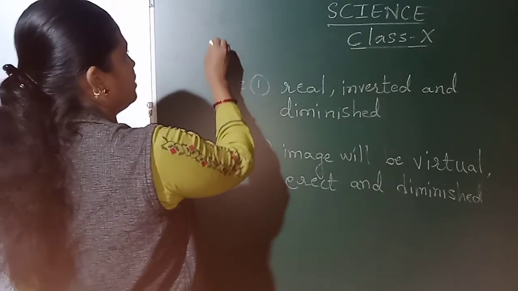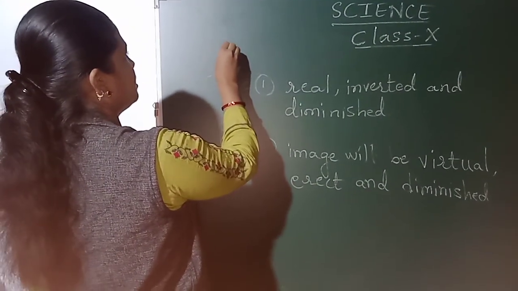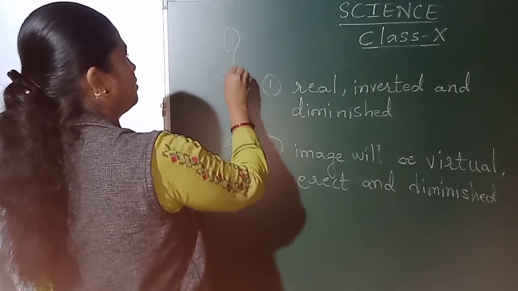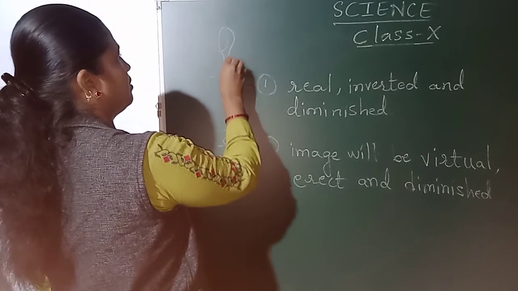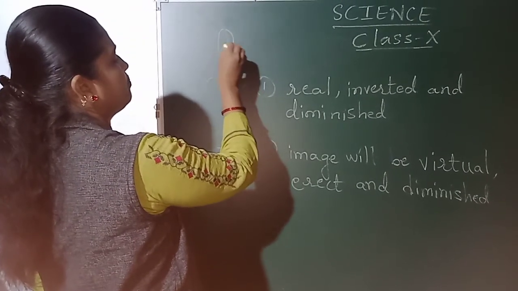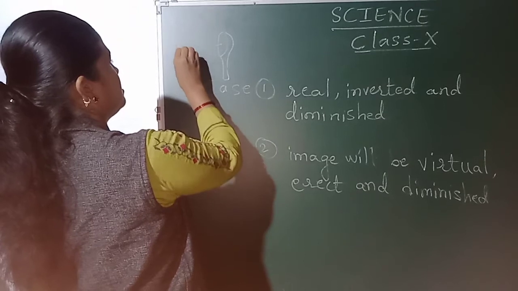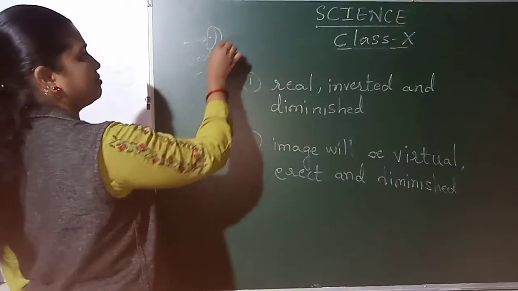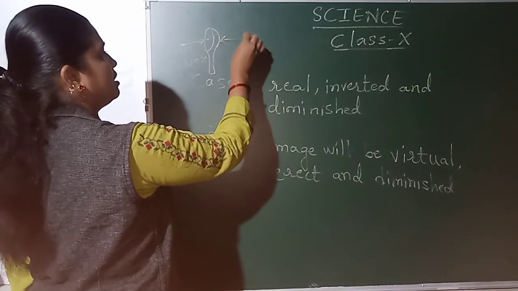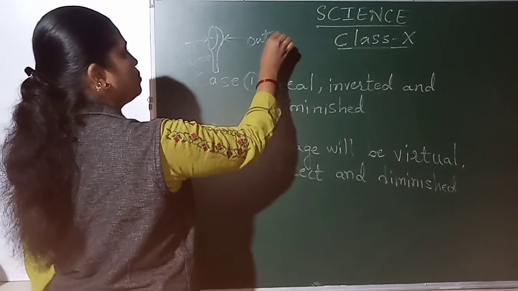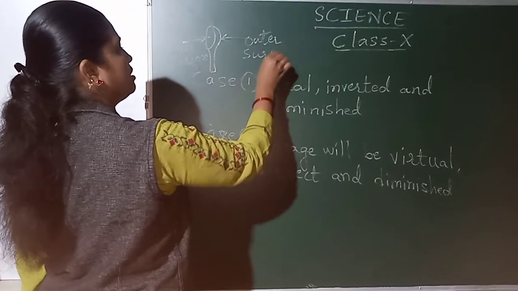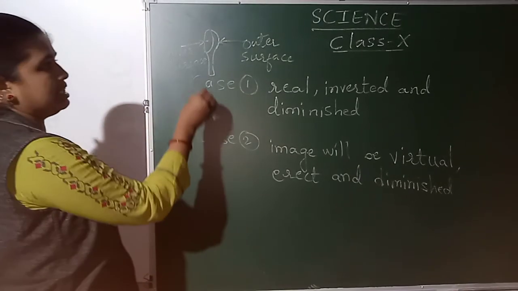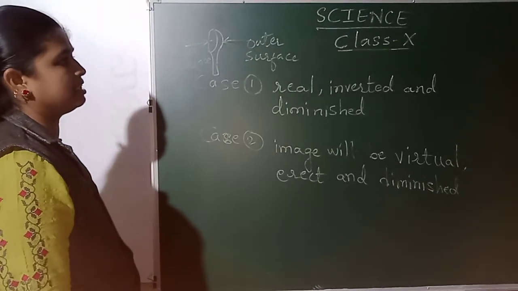Observe the figure of the spoon here, children. This is the inner surface. This is the outer surface of the spoon. First, view your face in the inner surface.